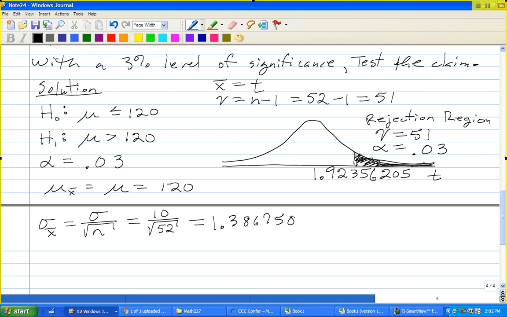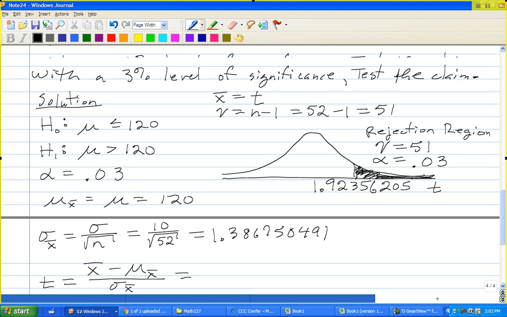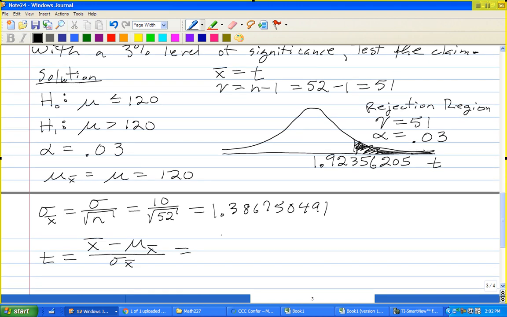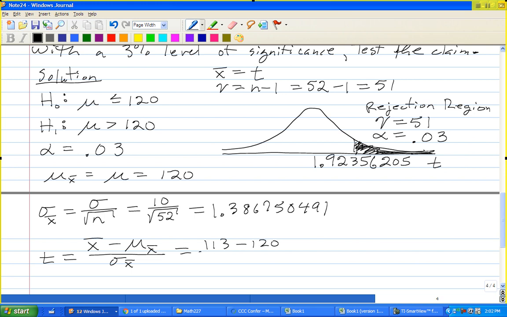1.380491. And so the test statistic is t equals x-bar minus mu over sigma. The sample mean was found to be 113, the mean for the sampling distribution of all possible sample means is 120, and the standard deviation is this long number.